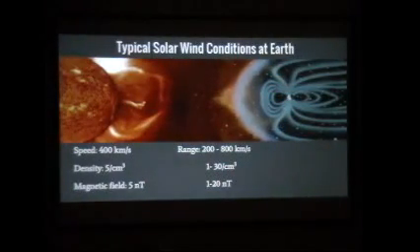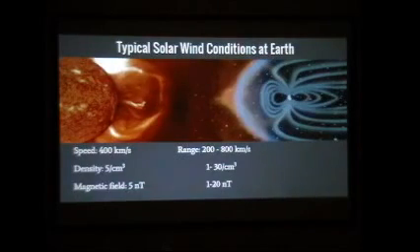So if there's a lot of variability, what are some of the typical conditions? So the average solar wind speed that the Earth sees is 400 kilometers a second. The average density is 5 particles per cubic centimeter, which is ridiculously low.